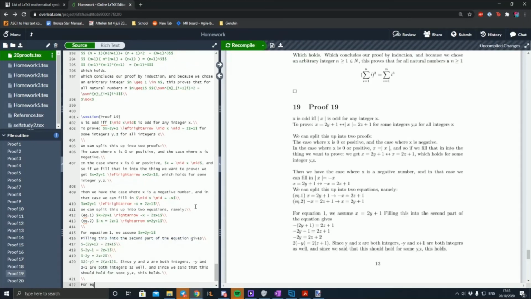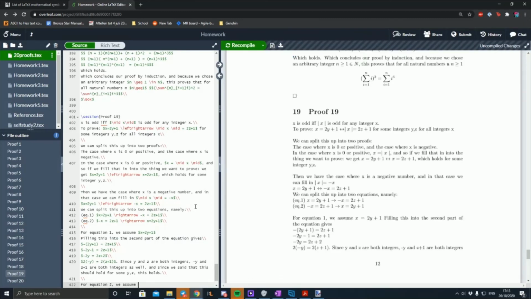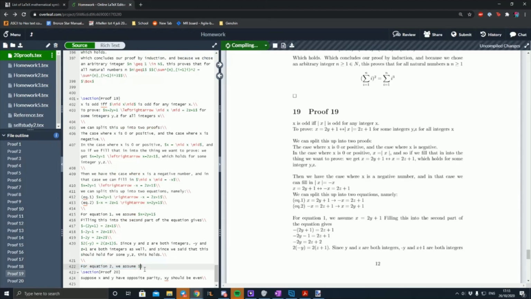For equation 2, we assume this, which is the same as saying x is equal to negative z minus 1, because we multiply everything by minus 1.